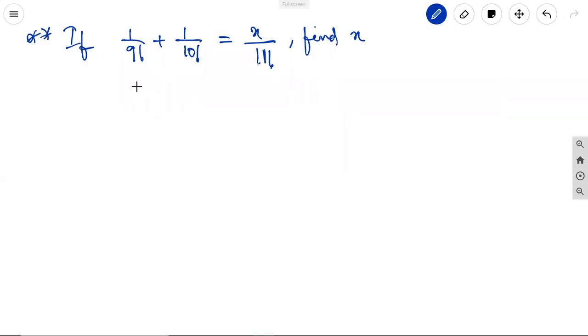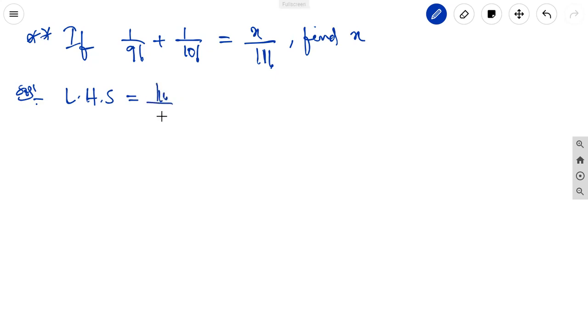Next problem. If 1 by 9 factorial plus 1 by 10 factorial equals x by 11 factorial. Just observe the question. The right side is only a single term. So what we can do is take the LHS, which has two terms. By taking the LCM, it is also converted into one term. That is 1 by 9 factorial plus 1 by 10 factorial.